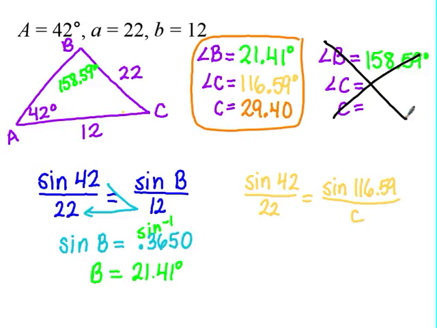Yep. So it's one of those. If the angle that they give you is bigger than the first angle that you find in your solution, then there'll only be one solution.